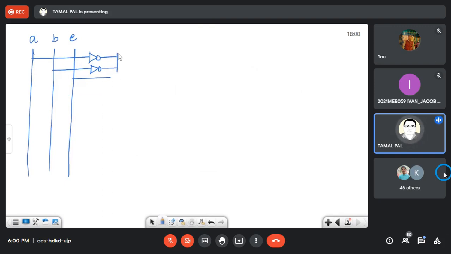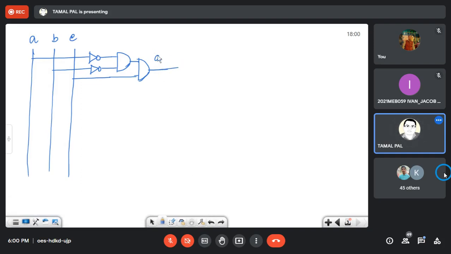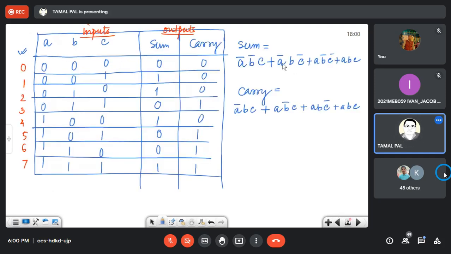So if it is a two input gate, then you have to use it in this way. So this is nothing but C. Now A complement, B, C complement.